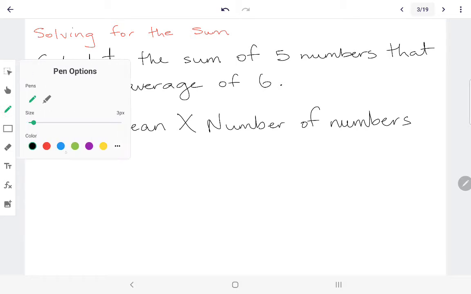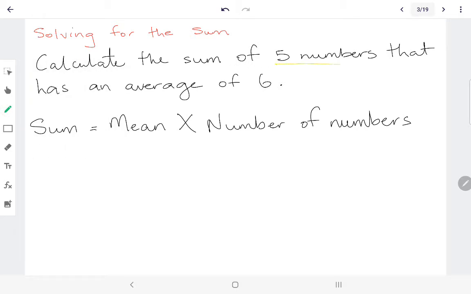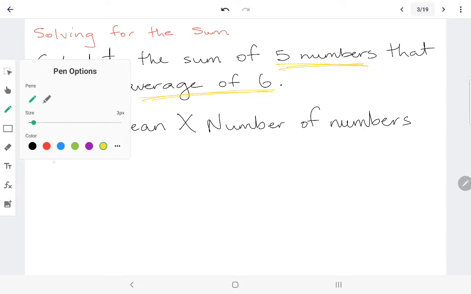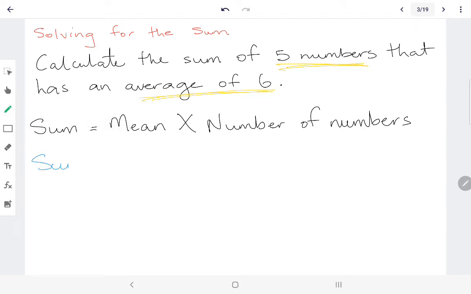And from reading the question, we know that the number of numbers is 5 numbers and the mean or the average is 6. So applying the formula, the sum is equal to the mean, which is 6, multiplied by the number of numbers, which is 5, and 6 multiplied by 5 is 30. So therefore the sum of the 5 numbers is 30.